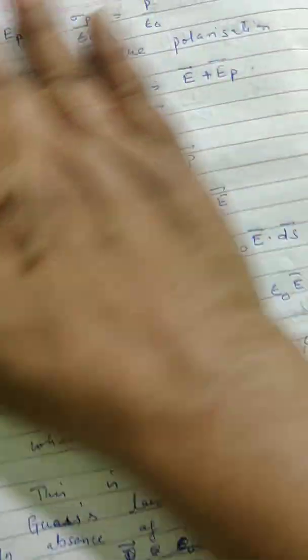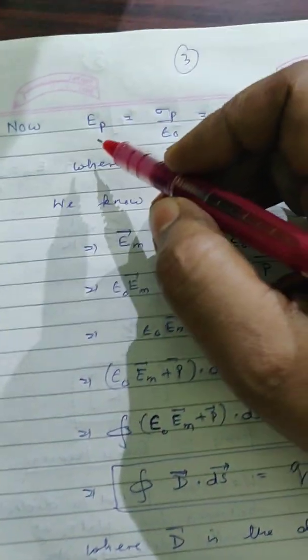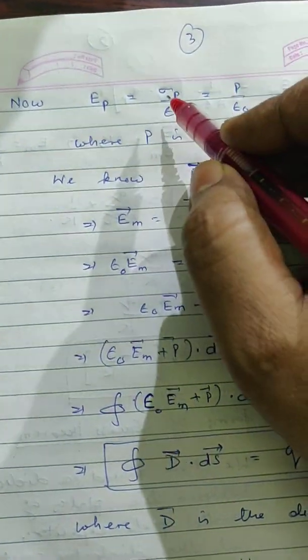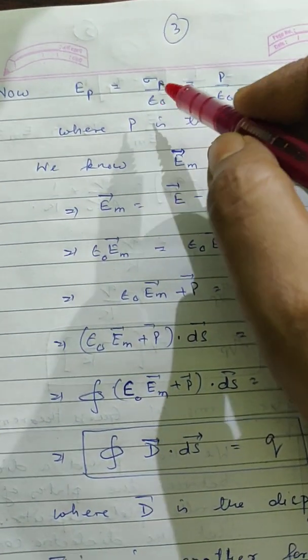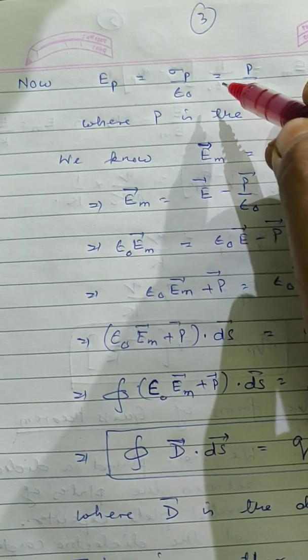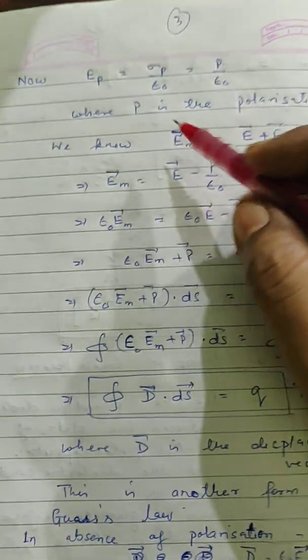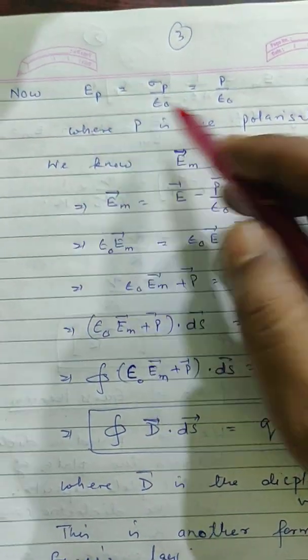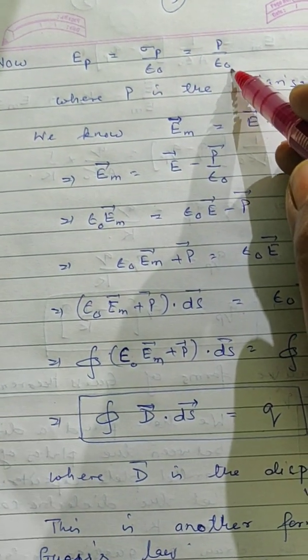And there is another form of Gauss's theorem also. Now we had learned that the electric field due to polarization is equal to sigma p by epsilon naught, and in the previous lecture we had seen that the charge density due to polarization is equal to the magnitude of the polarization vector. So we can write EP as sigma p by epsilon naught, which is same as P by epsilon naught.